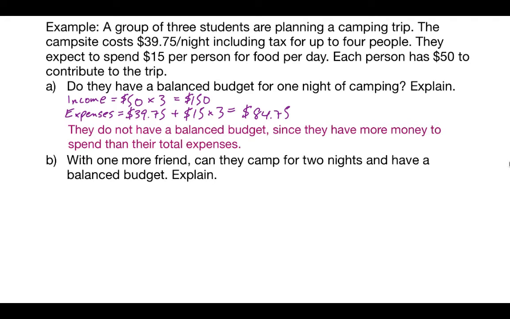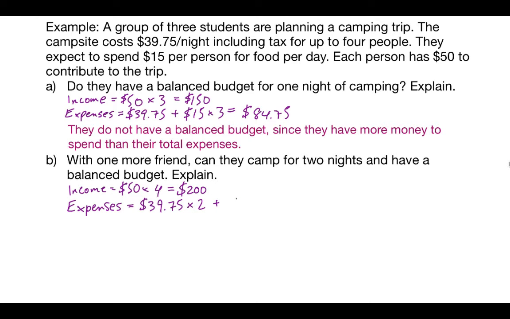So in this case, if we've got 4 people, then the income, the money that they have here is $50 per person times 4 people. And so that's $200 they have to spend. Okay. And now if we look at the expenses, then we're talking about $39.75 times 2, because this is the nightly cost, and they're going to stay for 2 nights now.